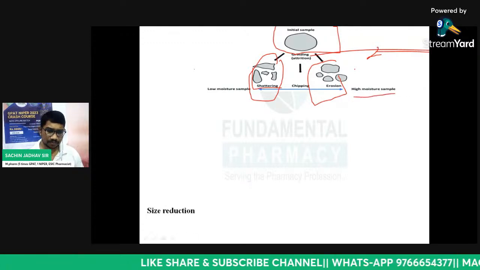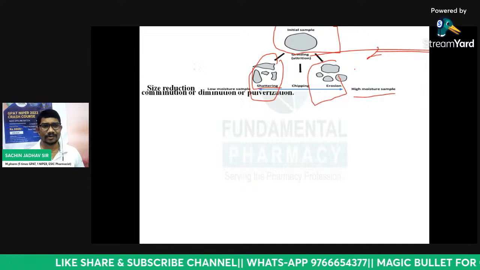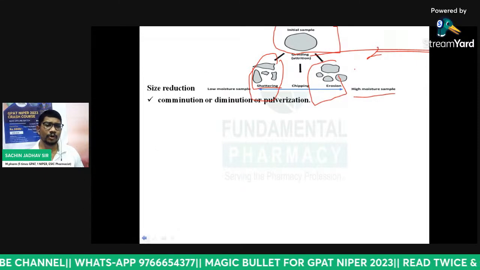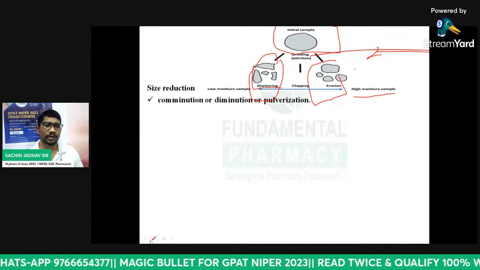Now, what is meant by size reduction? The first important point for different kinds of exams: size reduction is also known as comminution, diminution or pulverization. A question can come, it is important.